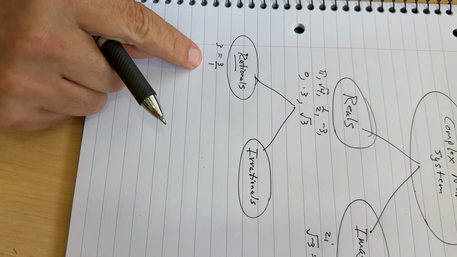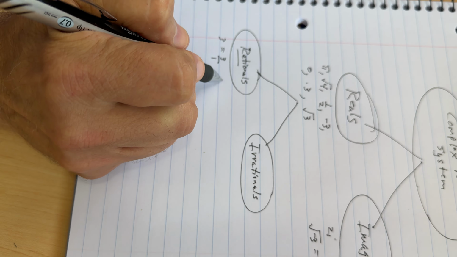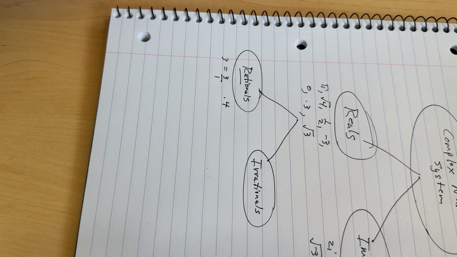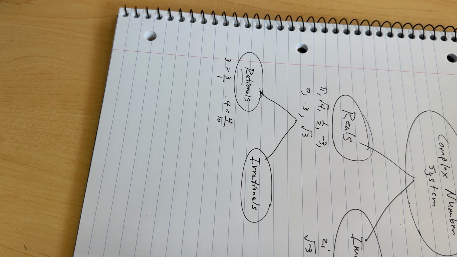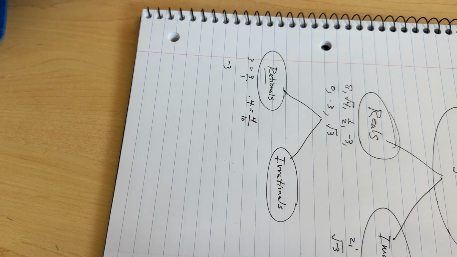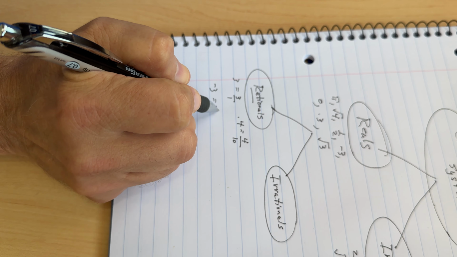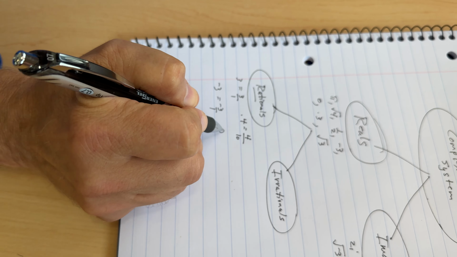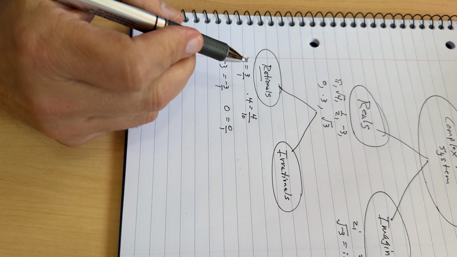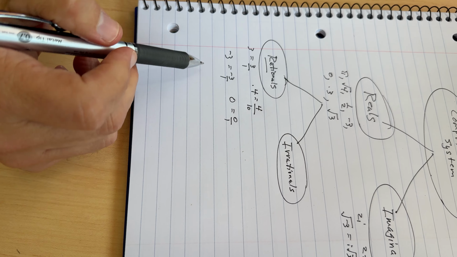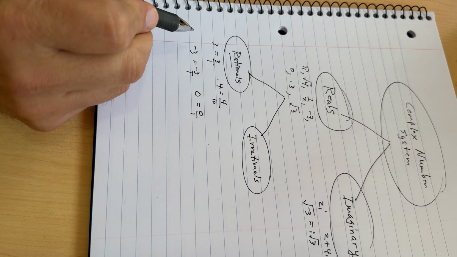You could write this as a fraction. 0.4 is a rational number because it could be written as 4/10. -3 is a rational number because it could be written as -3/1. 0 is rational because it could be written as 0/1. So all these numbers are rational numbers. Any kind of number that can be written as a fraction is rational.